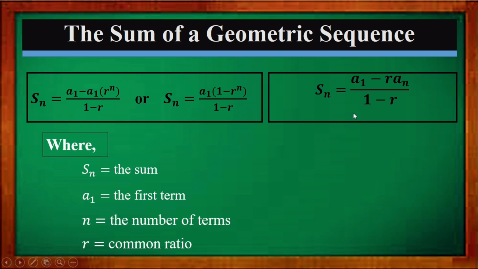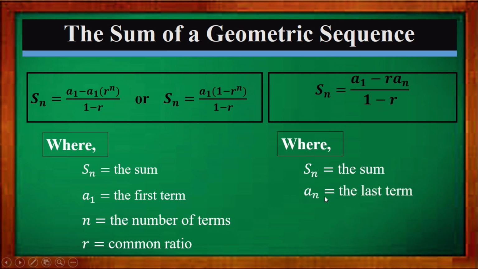So S sub n equals a sub 1 minus r times a sub n all over by 1 minus r, wherein S sub n is also the sum, a sub n is the last term, and a sub 1 is the first term, and r stands as the common ratio.